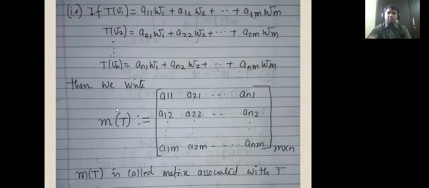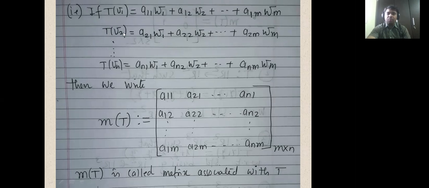Look here on the screen where I've written. If T of V1 I have written as A11 W1 and so on, this is a linear combination of W1, W2, Wm, and these are the coefficients A11, A12, A1m, for writing T of V1 as a combination of W's. Those coefficients I have written in the matrix as a column.